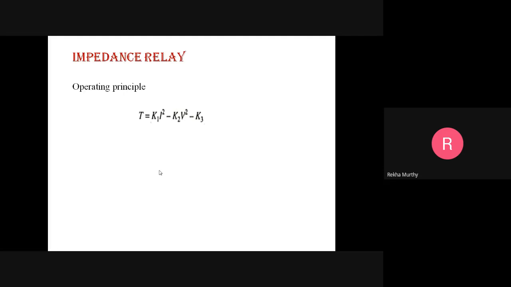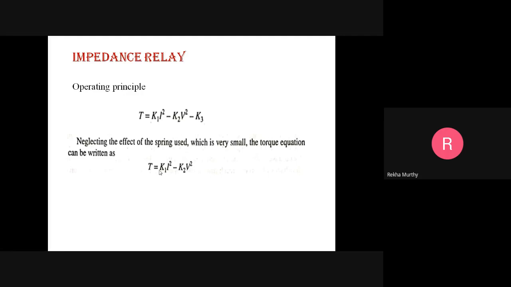K3 is the torque mainly due to the control spring effect. When you neglect the effect of the spring, it is very small. So the torque equation can be written as T = K1 I^2 - K2 V^2. We are neglecting K3.